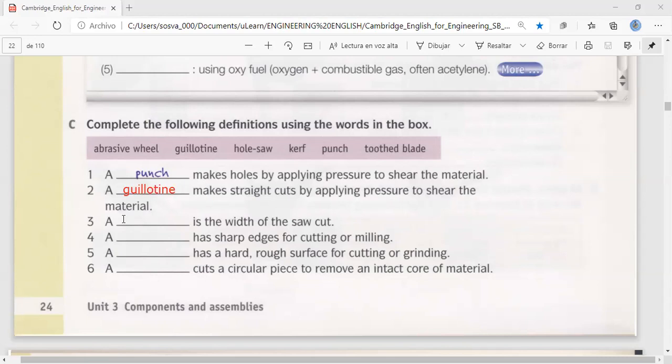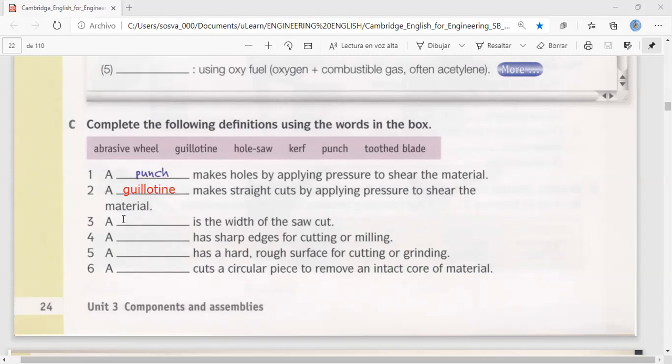I have two words for that. Maybe you can use curve.